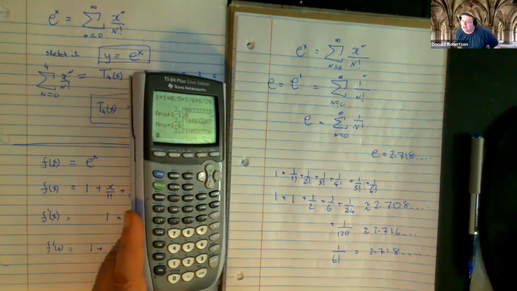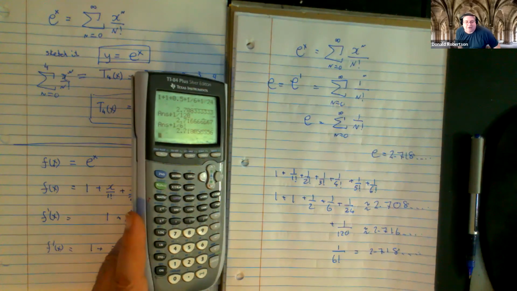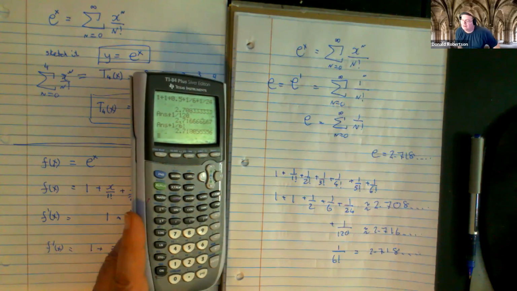How many decimal places can you get pi to, or how many decimal places can you get e to? It was a long time ago, but I think the computer that I remember the story for was called Big Blue. It was an IBM computer. I think its name was called Big Blue. And I don't know the number, but it got e to 2 million decimal places.